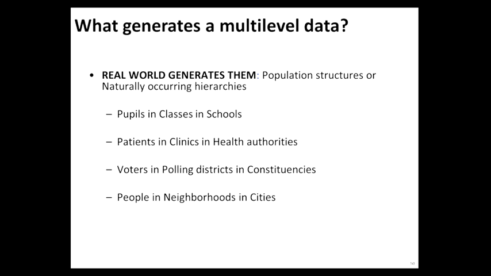These are naturally occurring hierarchies. Within social epidemiology, we have spent a lot of research on individuals nested within neighborhoods and cities and so on. So to some extent, you could argue that multi-level data is generated by how the world is structured. At least one way of looking at the world is to apply the lens that this structure exists out there.